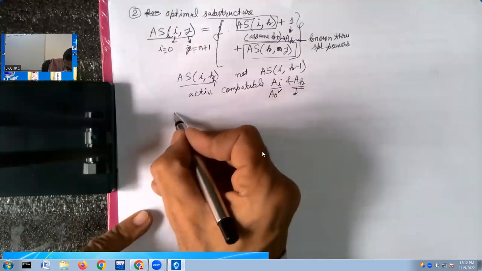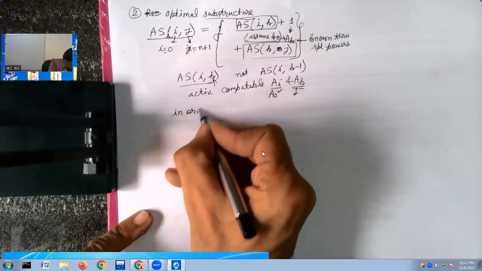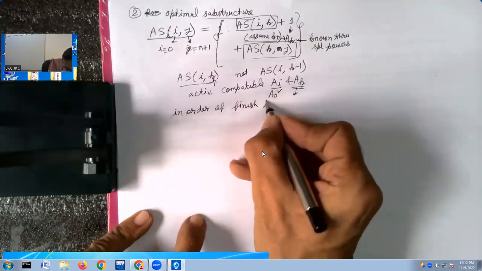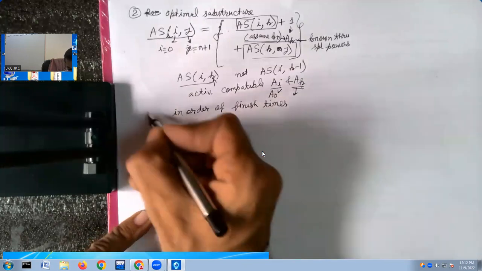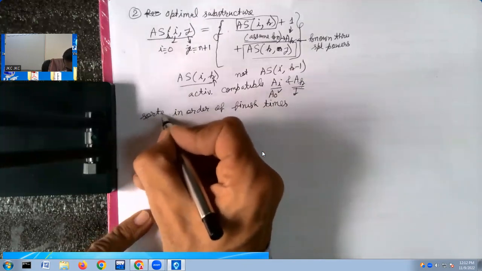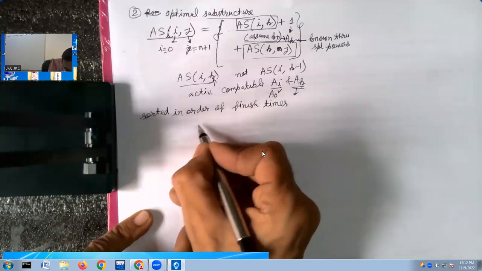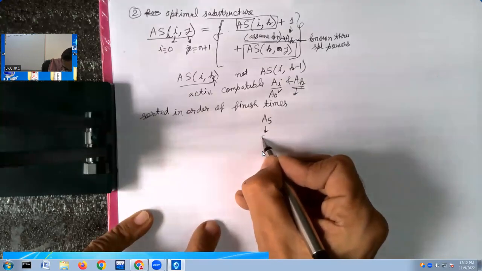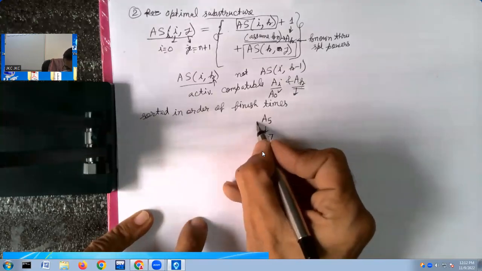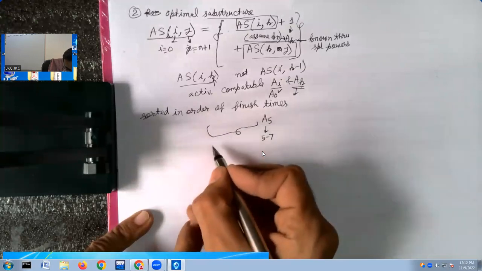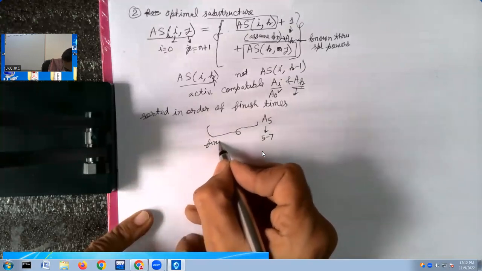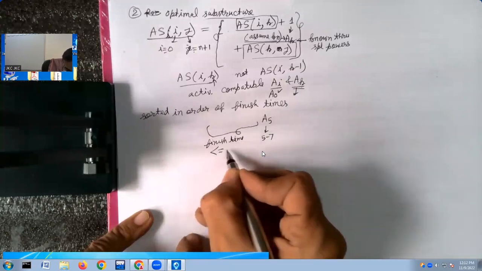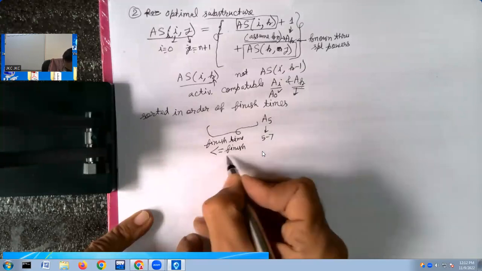If I assume my jobs are in order of finish time, then I can guaranteedly say if A5 gets selected, let's say whose time was 5 to 7, all these activities have finish time less than or equal to the finish time of A5.